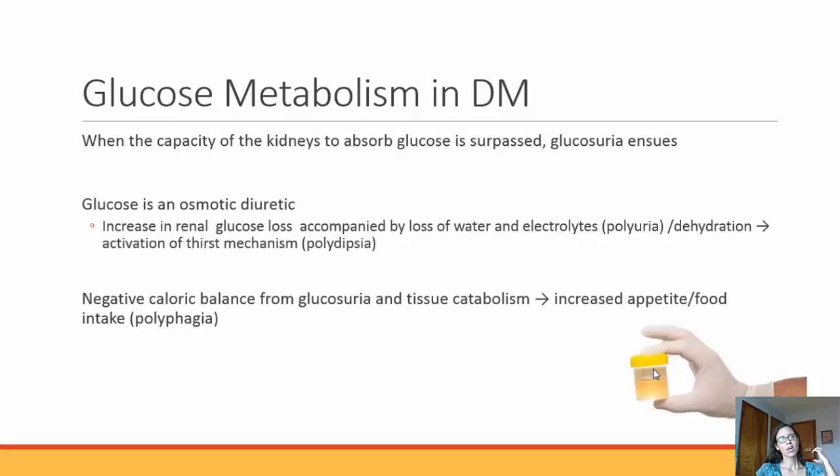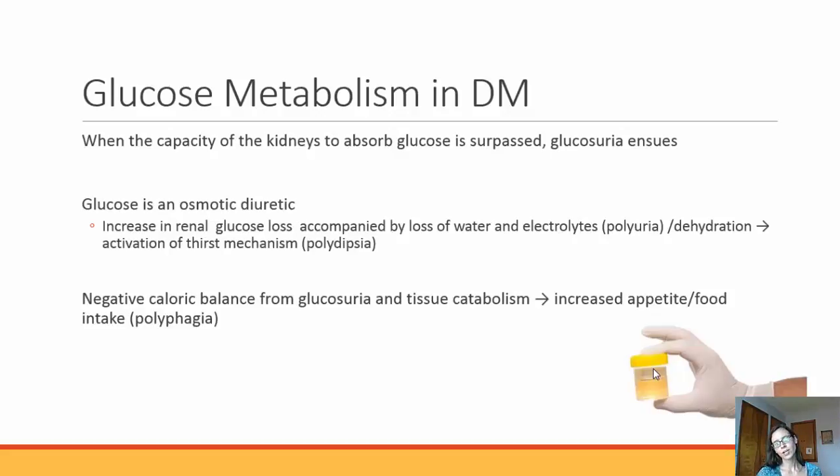So if we have glucose in our kidneys and we can't absorb it, then it's going to be in our fluid. And because of the osmotic gradient, more water is going to come in to dilute that glucose. And so that's going to lead to a lot of loss of fluid. So it can lead to dehydration and a lot of urination, or polyuria.